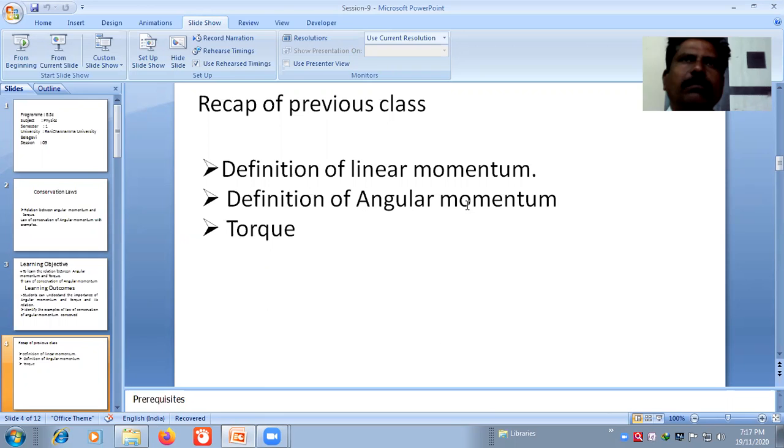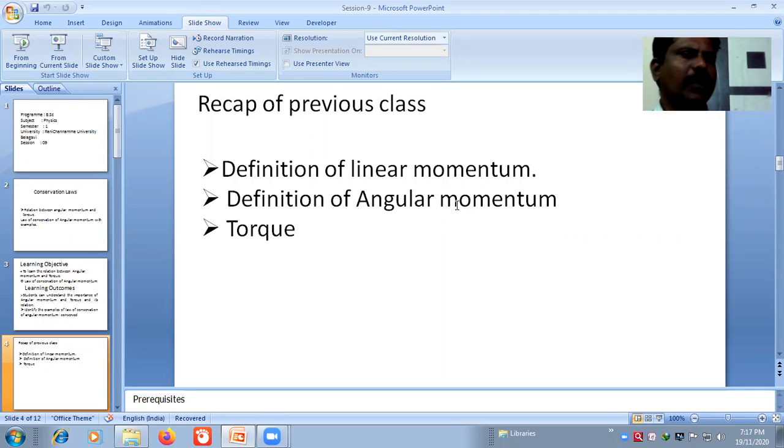The moment of linear momentum of a particle about a fixed point is nothing but angular momentum. Or you can say the angular momentum of a particle is the moment of linear momentum about a fixed point.